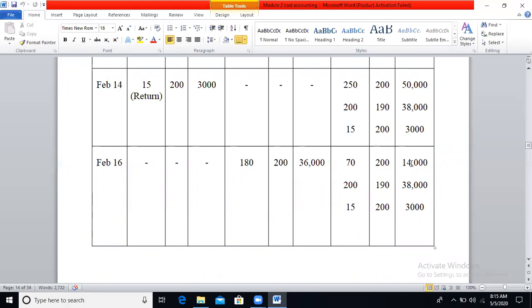You will get 14,000. And still we are having 200 units at rupees 190. Total value will be 38,000. And we have received returns of 15 tons that will be considered at the price of 200 rupees. So the value will be 3000.